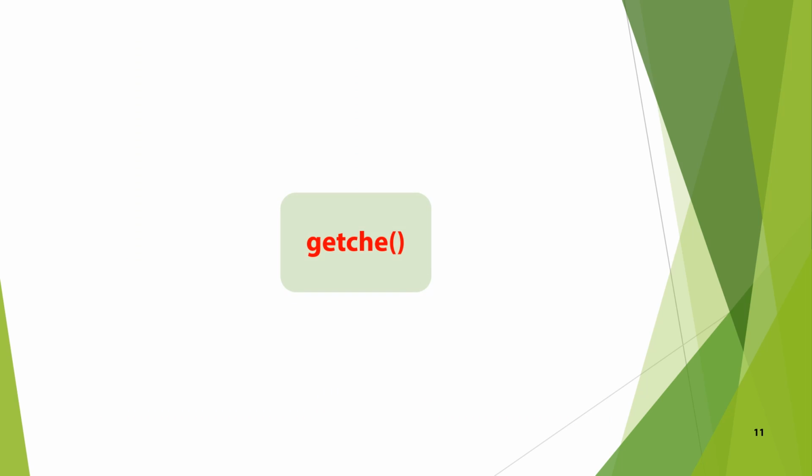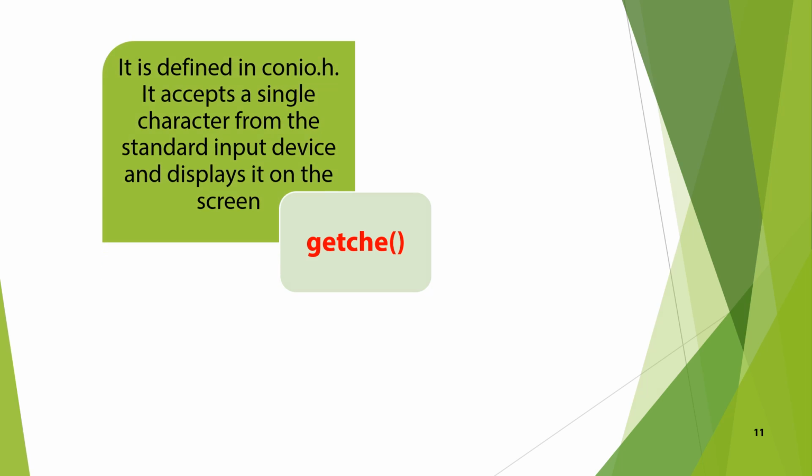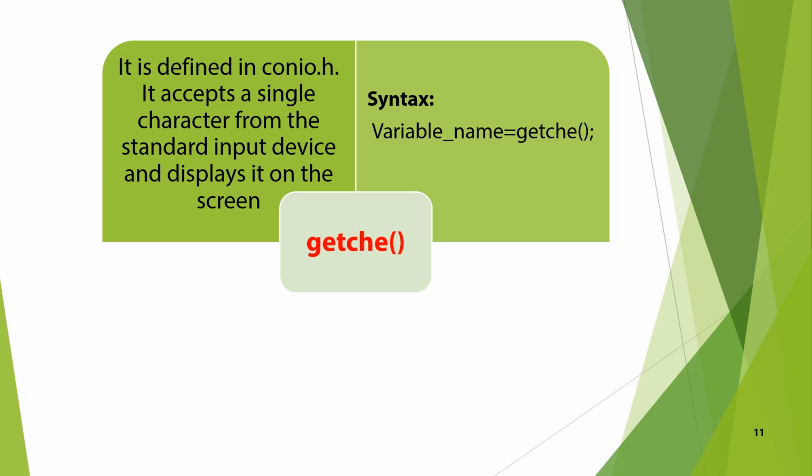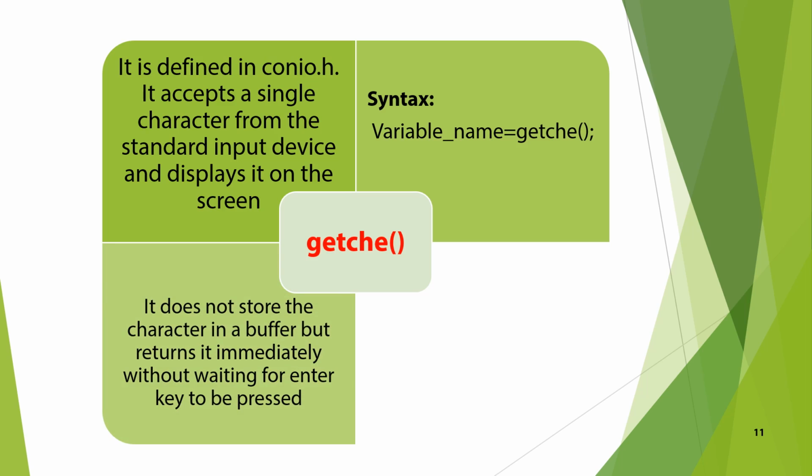Second function is getche. This function is defined in the conio.h standard library. It accepts a single character from the standard input device and displays it on the screen. The syntax is the same as the previous function: variable name equals getche. This function does not store the character in the buffer, so it will not wait for the enter key to be pressed.